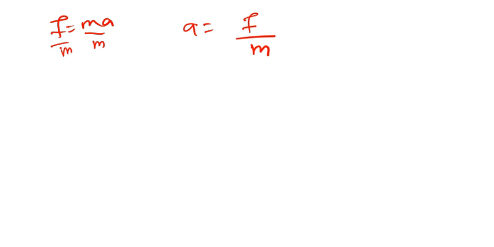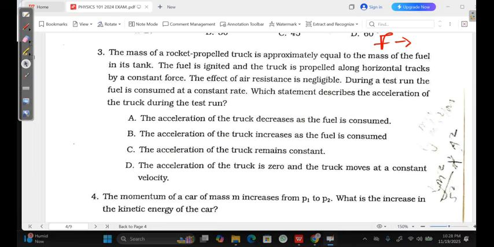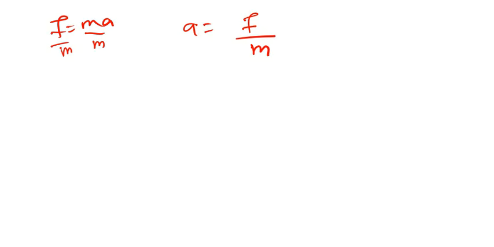Now let's go back to the question. We have the mass of the rocket and the mass of the fuel in the tank. As time goes by and the truck is moving, the fuel is going to be consumed, meaning that the mass has decreased, provided that the force remains constant.